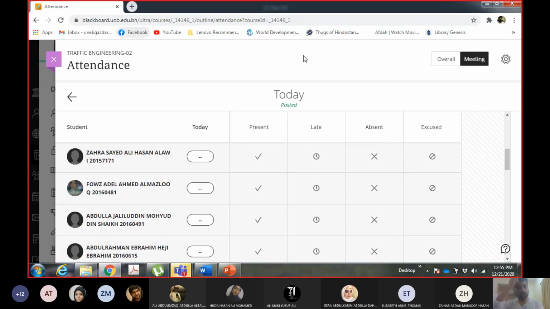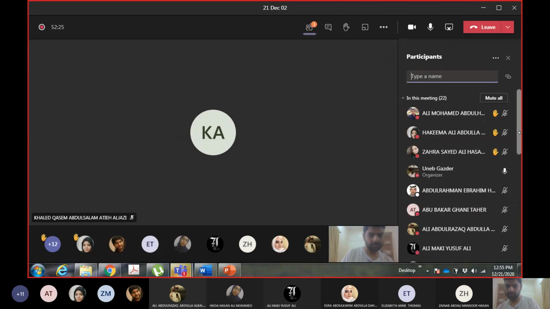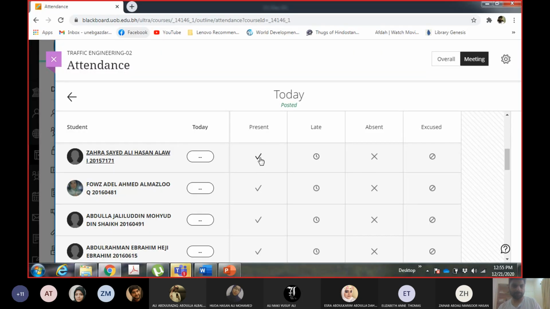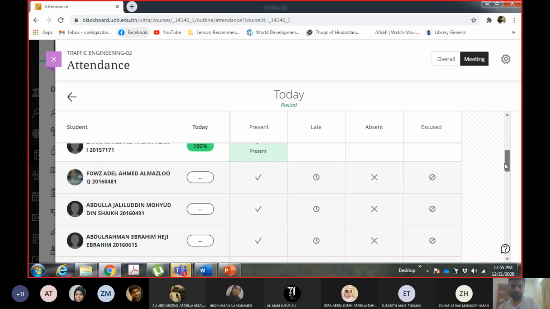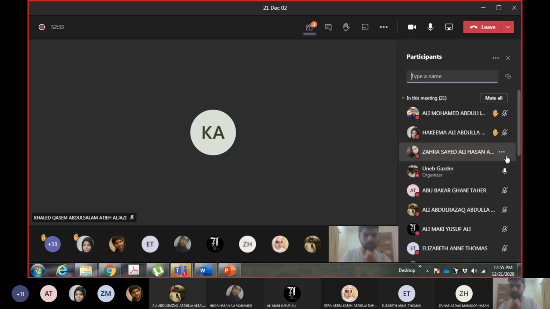Zahra Sayyid, Fawaz Adil, Abdullah Jaliluddin, Abdurrahman Ibrahim. Zahra. Nujus Salah.